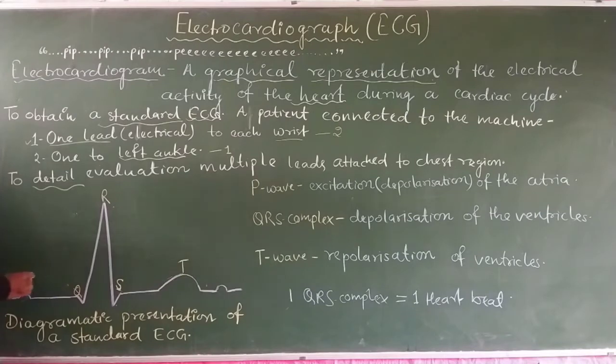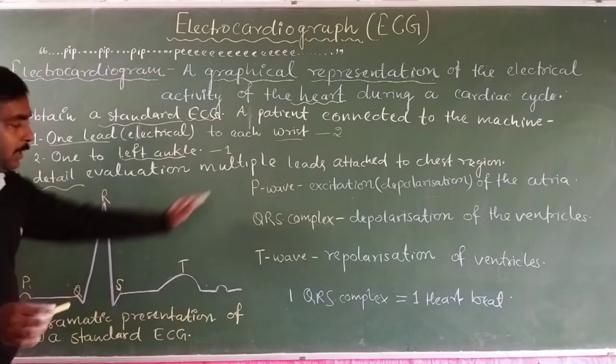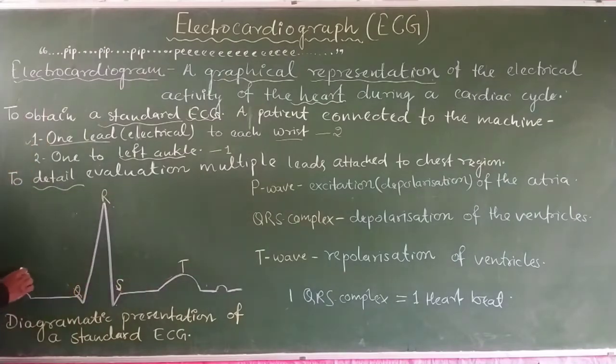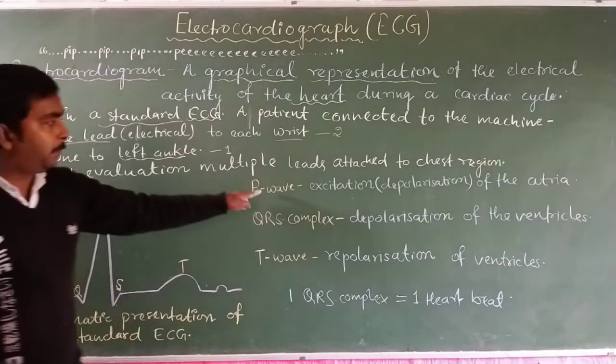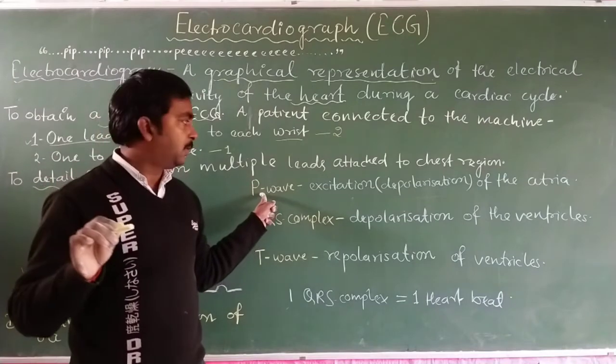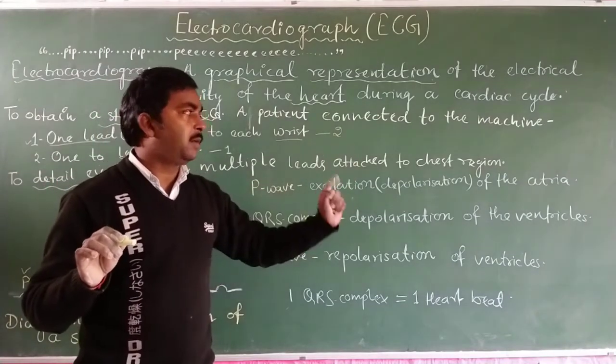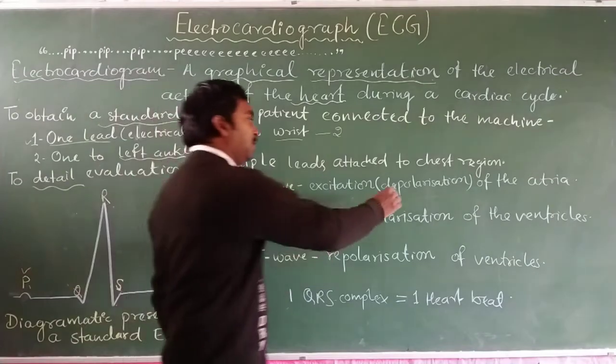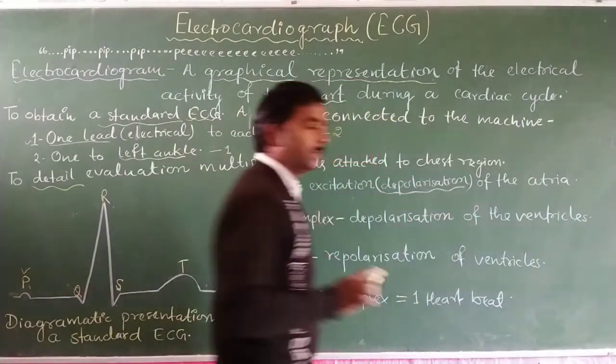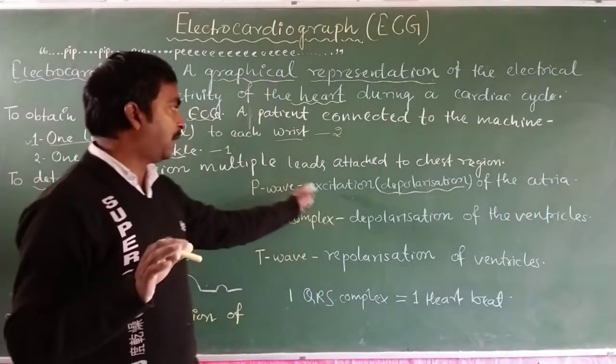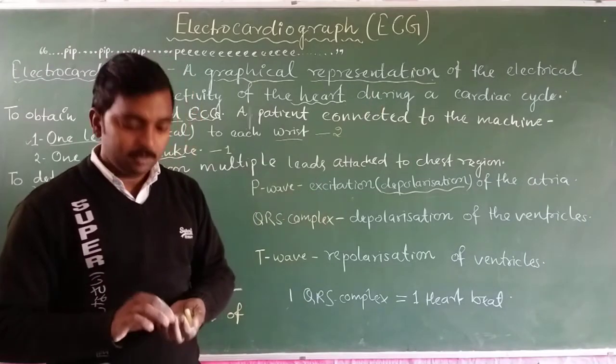These peaks or waves can be categorized into 3 categories. The first category is the P wave. The P wave represents the excitation or depolarization of the atria.